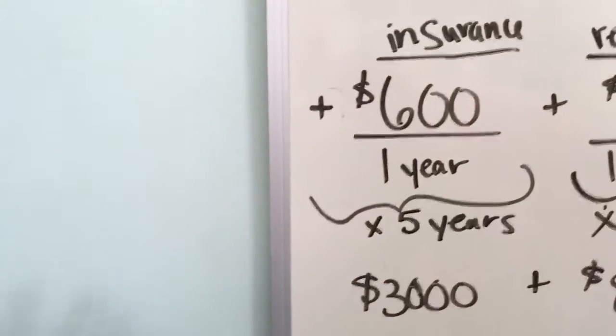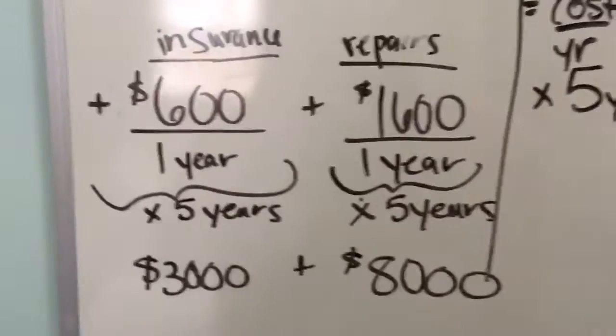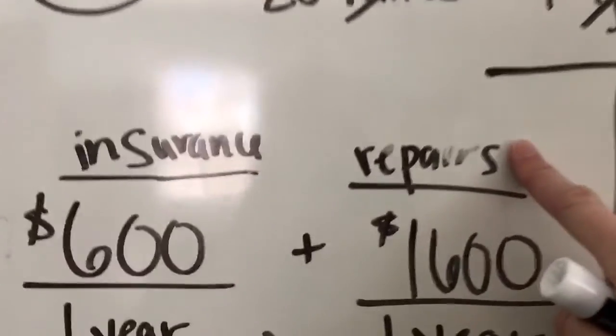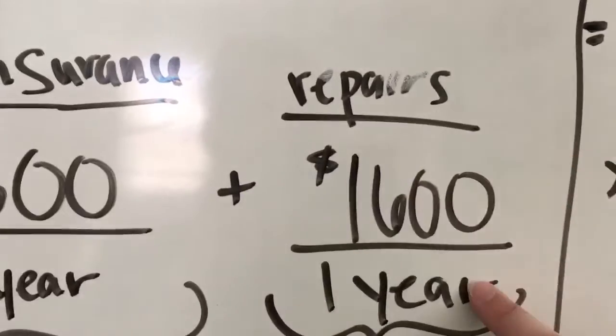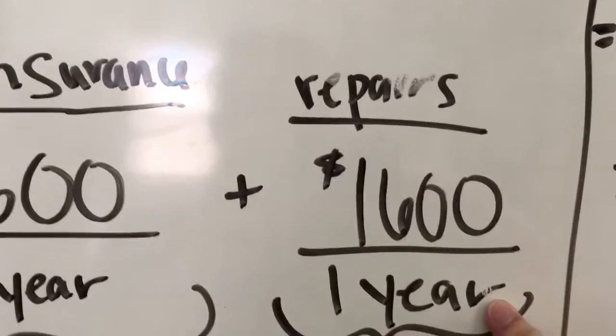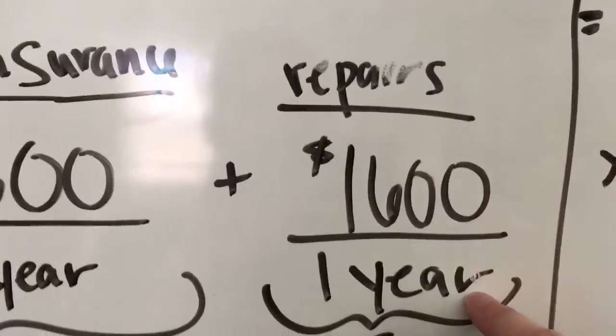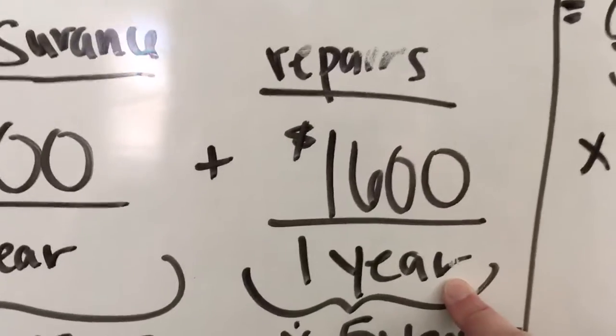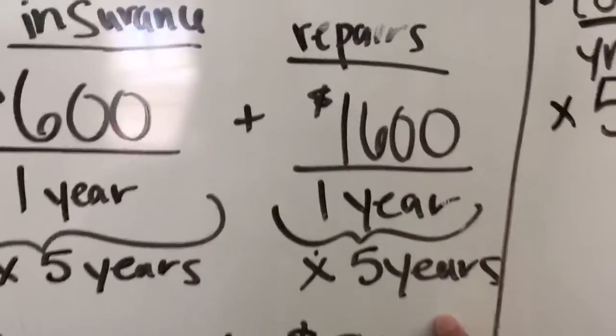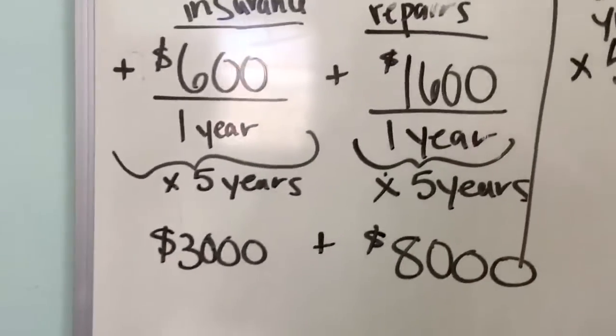And then assuming this is an old car, which in the problem it seemed like it was, they said, okay, well, I'm going to spend $1,600 in repairs every year. That's a lot of money. If you're spending $1,600 in repairs every year, but you want to know the cost for 5 years, you're going to have to multiply that by 5, and you'll get $8,000.